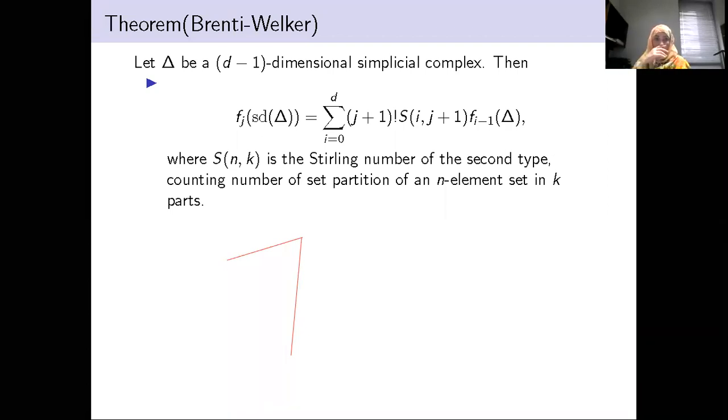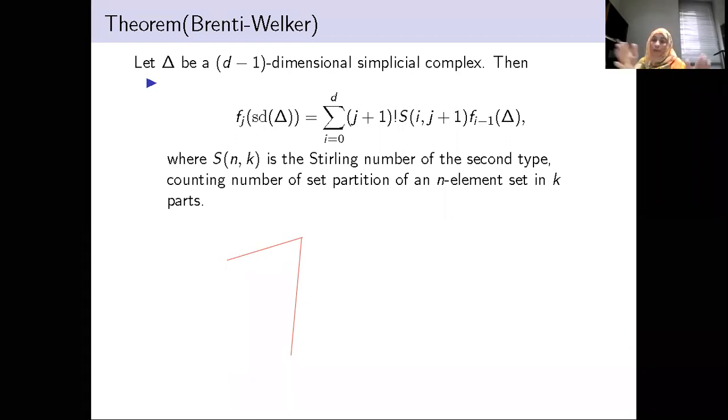This is the beginning of the enumerative theory, the study from this point of view, and that is due to Brenti and Welker, and they started this for the barycentric subdivisions. They have given this relation of f-polynomials, and this i plus j is just the Stirling number of the second kind, which is the counting of partitions of an n-element set into k parts.